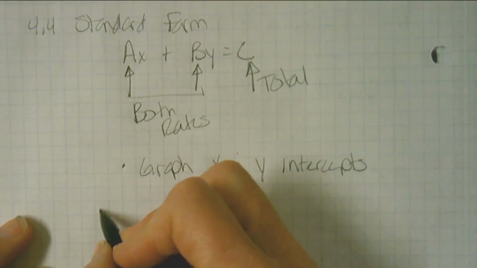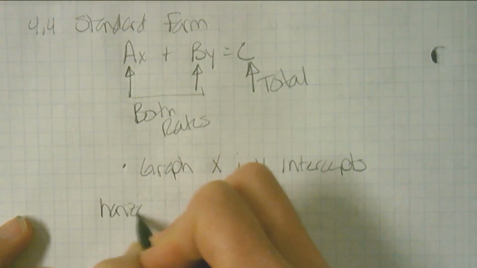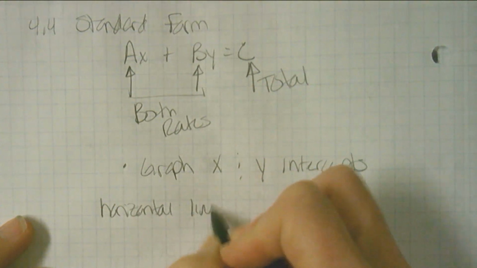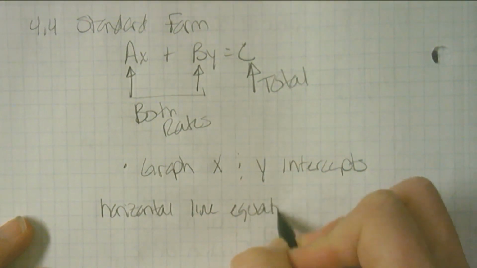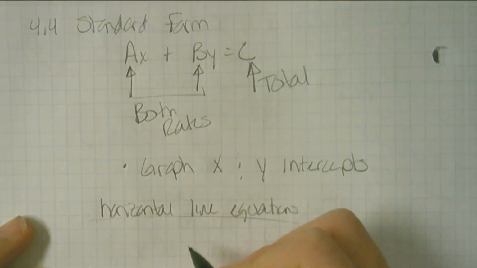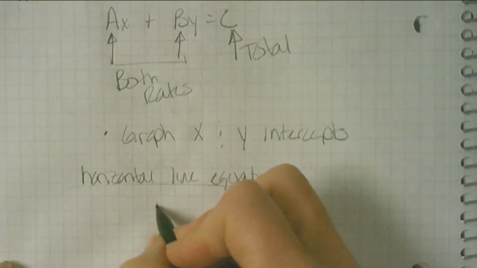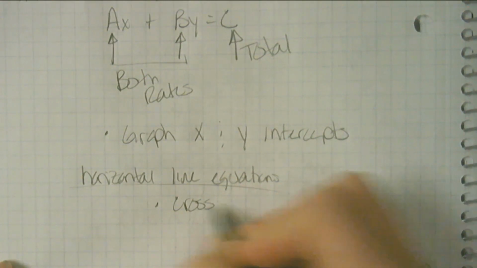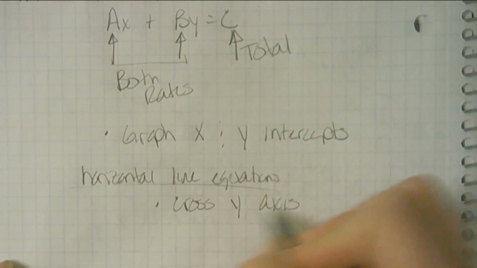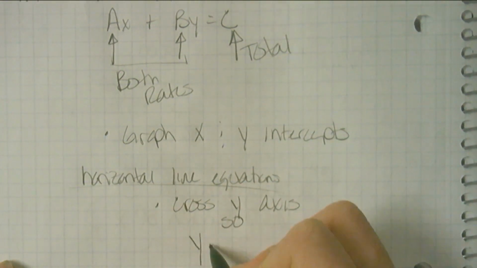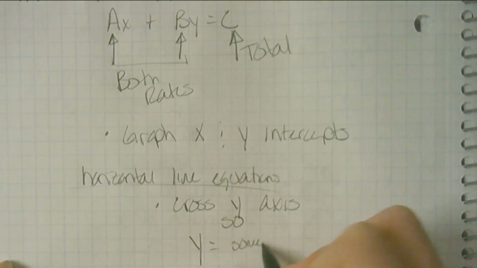In this we talked about horizontal line equations. Horizontal lines always cross your y-axis, so it's always y equals some number.